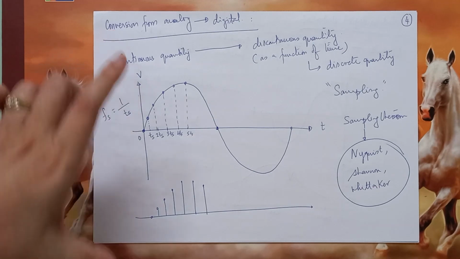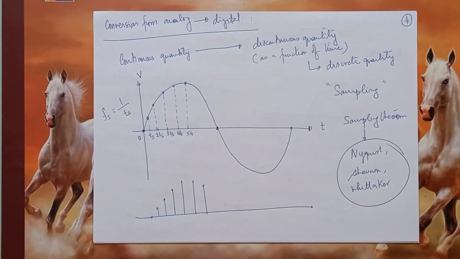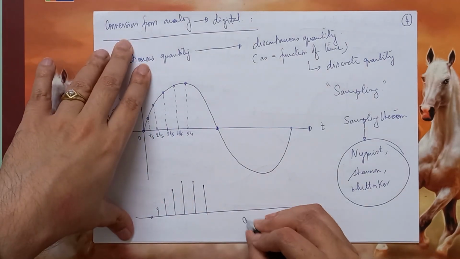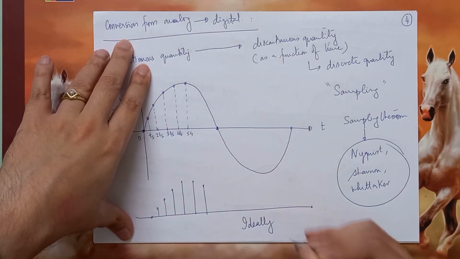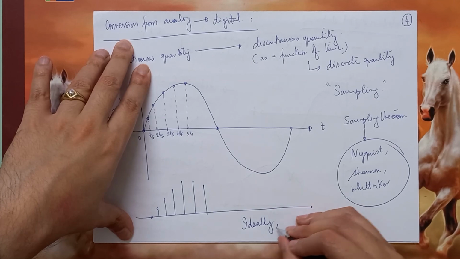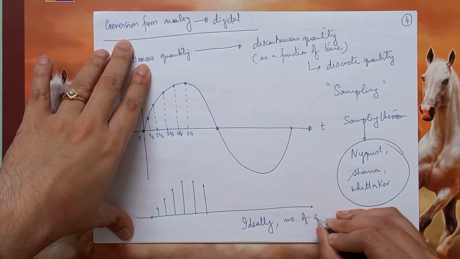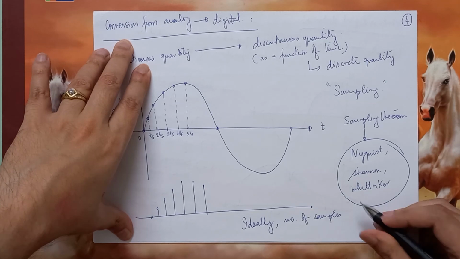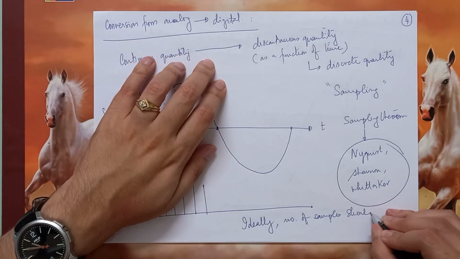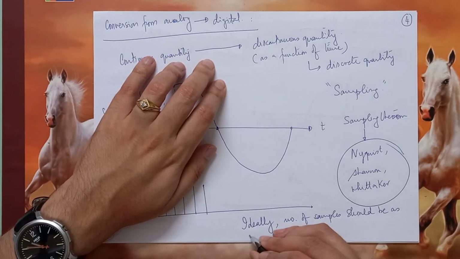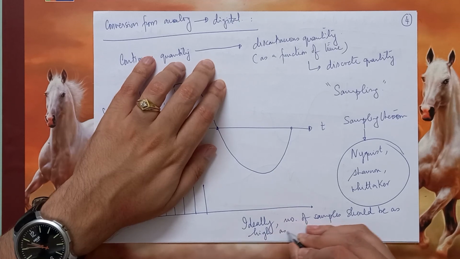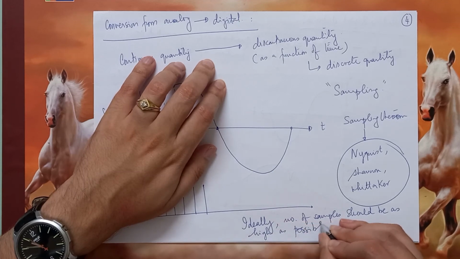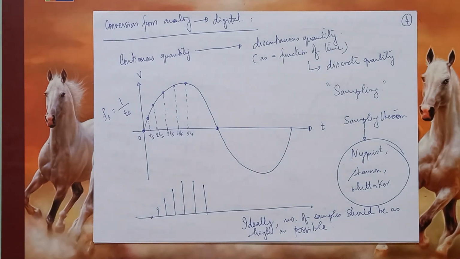So the number of samples should ideally be as high as possible, so that the nature of the signal is preserved.